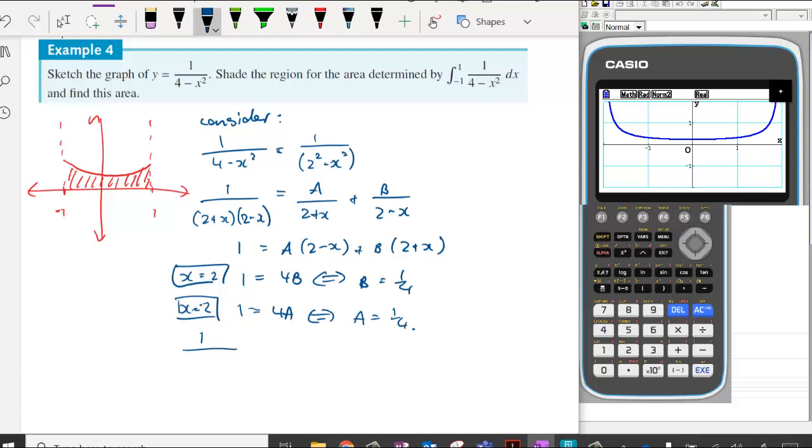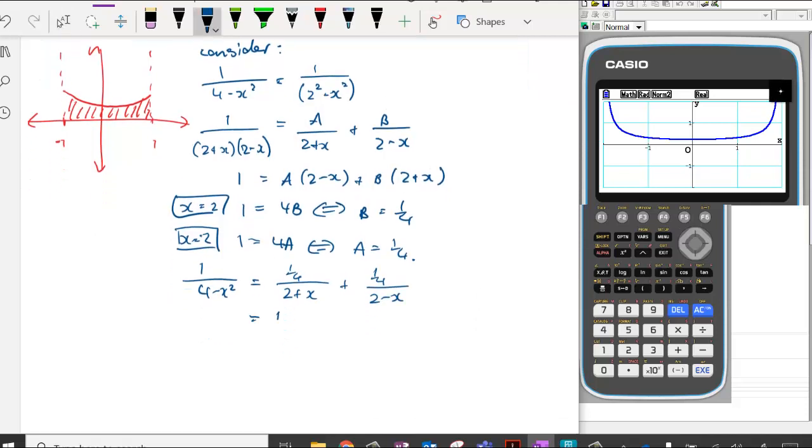So we can think of this 1 on 4 take x squared as being 1/4 of 1 on (2 plus x) and 1/4 of 1 on (2 take x), or more simply 1/4 of 1 on 2 plus x and 1 on 2 take x.